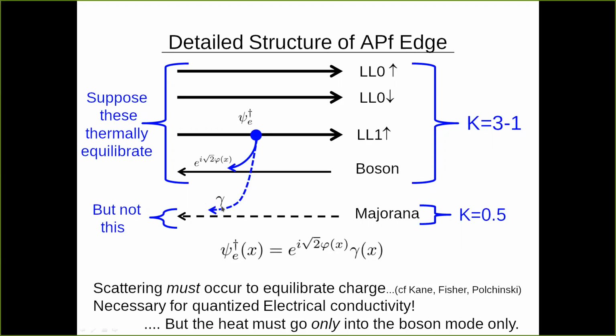So now I'm asking for something that seems a little unlikely. You have to have backscattering into the Majorana mode, but all the heat is going into the boson mode, not into the Majorana. So when this fractionalization occurs, it occurs in a very non-generic way. The heat goes entirely into the boson mode and not into the Majorana. So this seems a little bit difficult to justify.